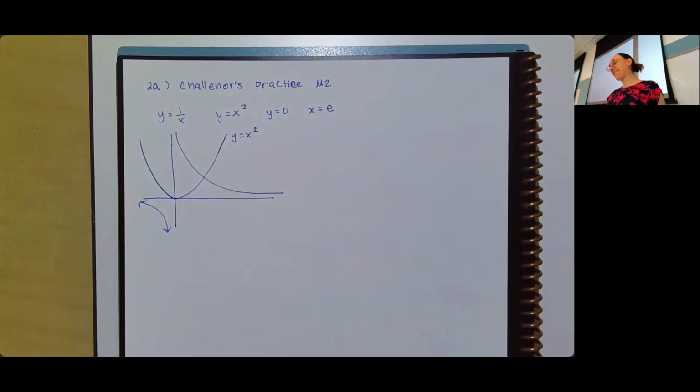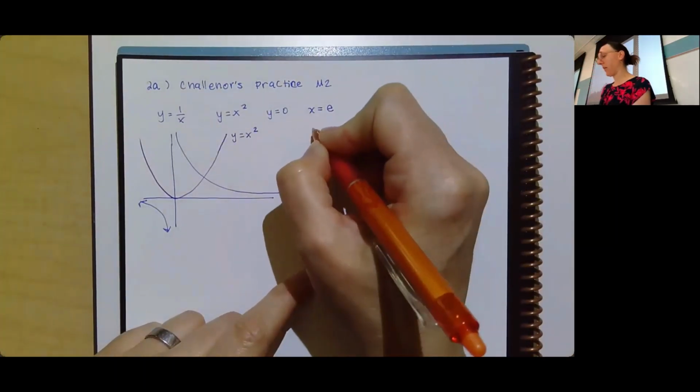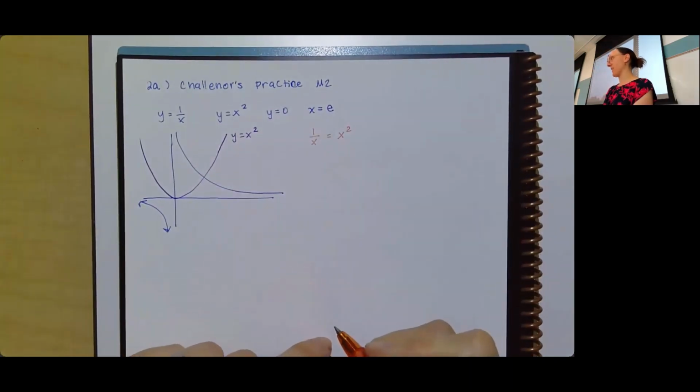And now that x equals e thing is going to require a little bit of effort to figure out. So I can just look at these and see where 1 over x is going to be equal to x squared. What number can you plug in on both sides to make them the same? Yeah.